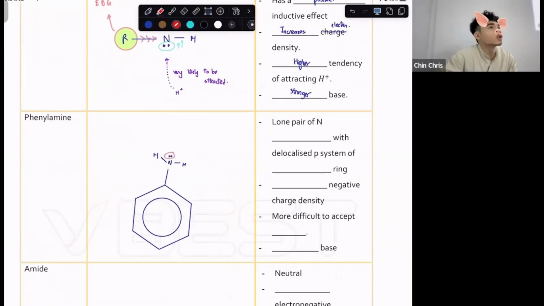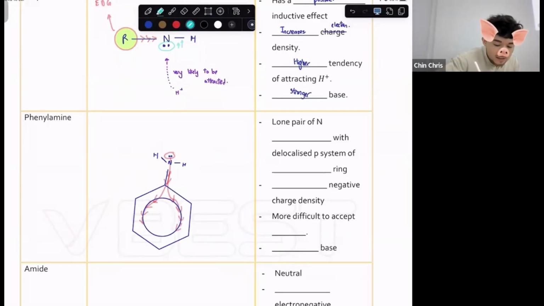I've done this story so many times, the playground one. Remember this, so what will the electrons do? Yes, it goes into the playground, right? So this lone pair will go into the ring, the pi ring system, or delocalize or overlap with the delocalized pi ring system.